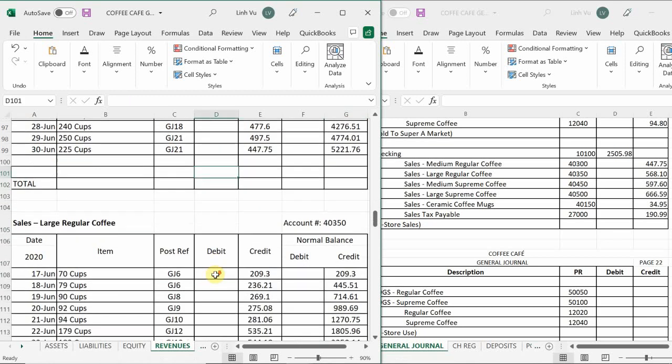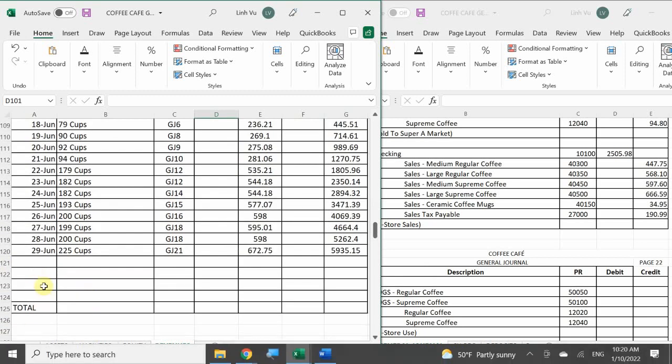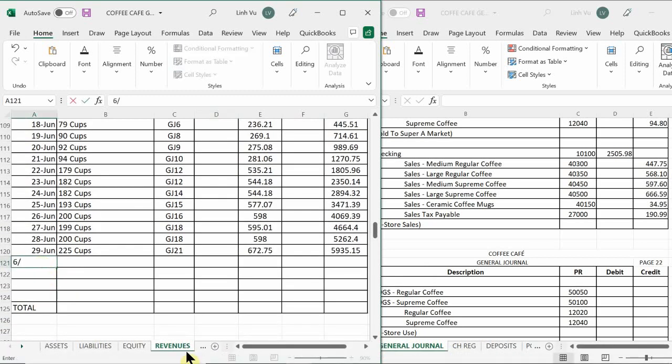Good. Large regular, how many cups did we sell? 190. For the 568.10. Grand total. 6,503.25. Good.